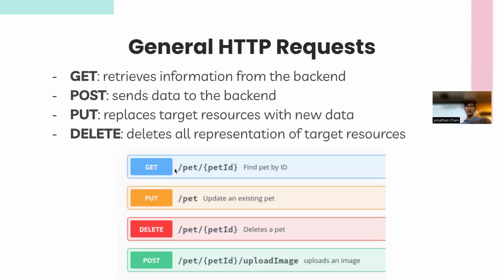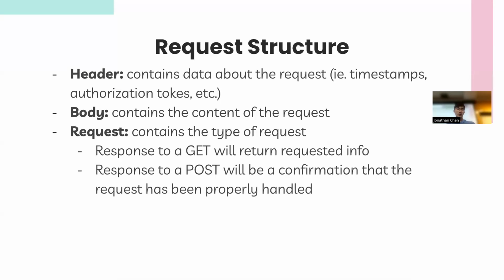So if you're making a post, it'll be the actual image, or some other data that you're trying to send back to the server. And the request, I guess, just contains the type of request. So it would be either get or post or something like that.